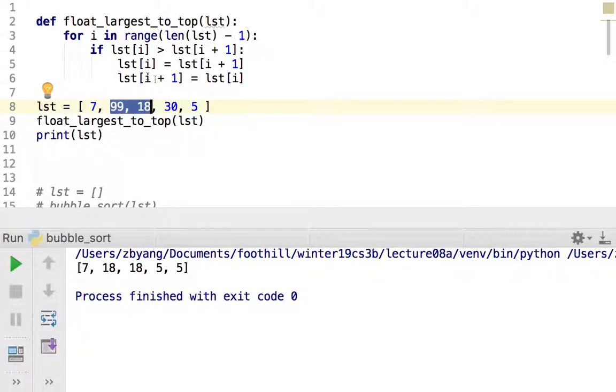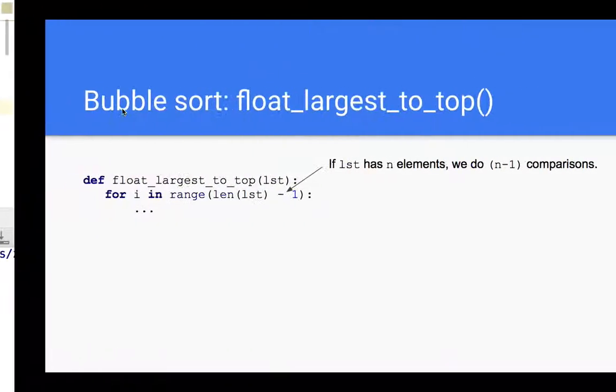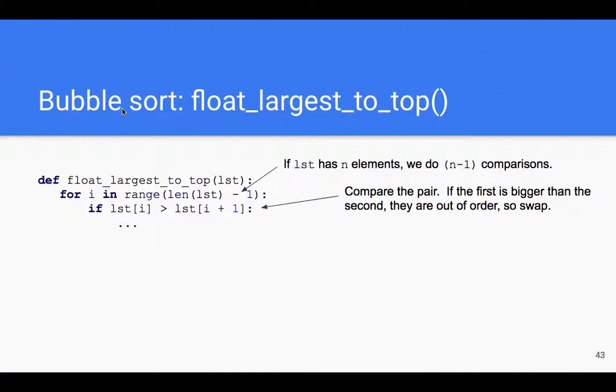Okay, and then if we assign it back, then we're just assigning 18 into 18. So we killed 99 and we are left with two 18s. That's not the right way to swap things. Okay, so what is the right way to swap things?